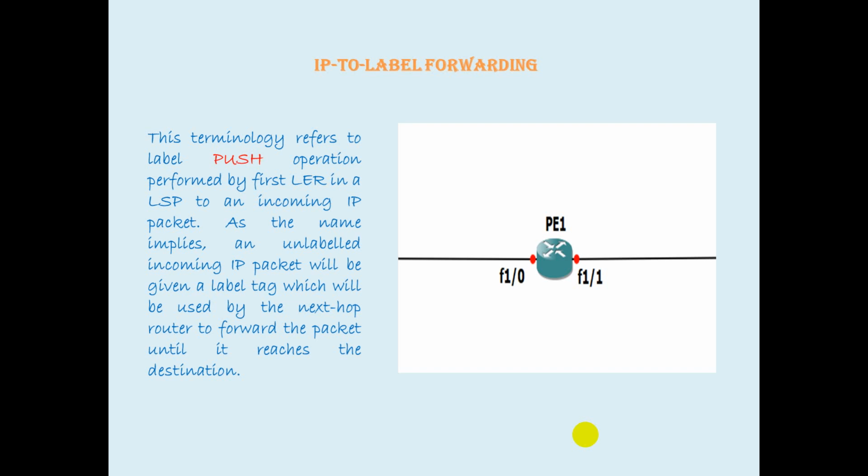It actually pushes the label onto the IP packet, and this is performed by the LER in an LSP. As the name implies, an unlabeled incoming IP packet will be given a label tag, which will be used by the next hop router to forward the packet until it reaches the destination.